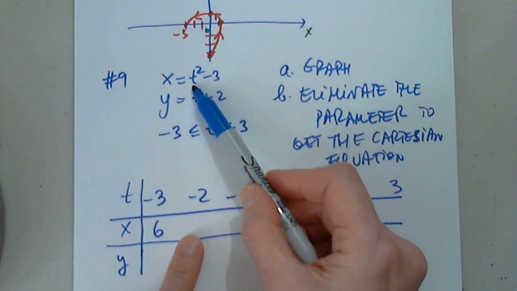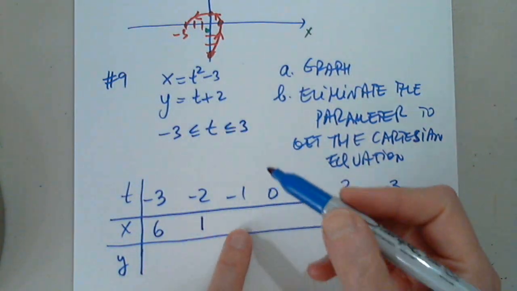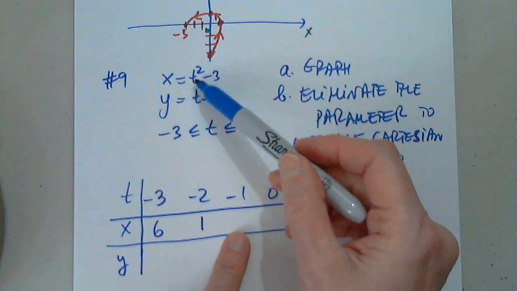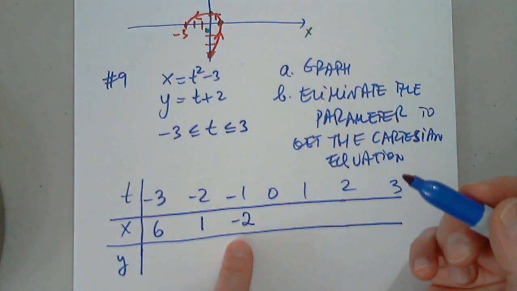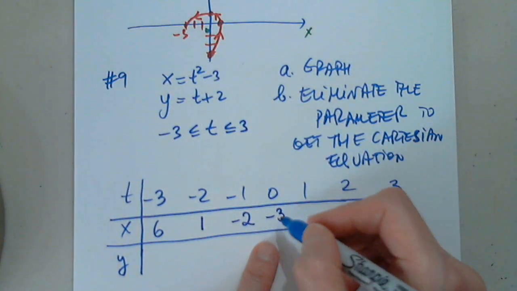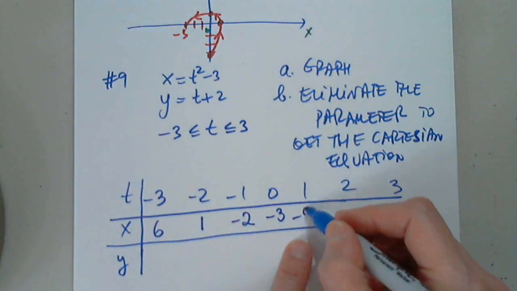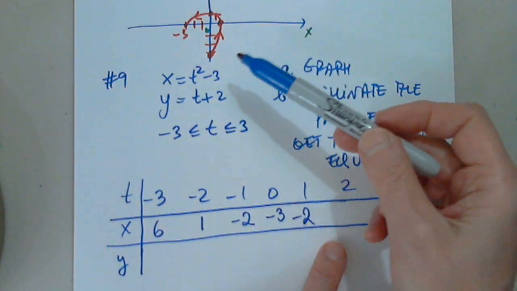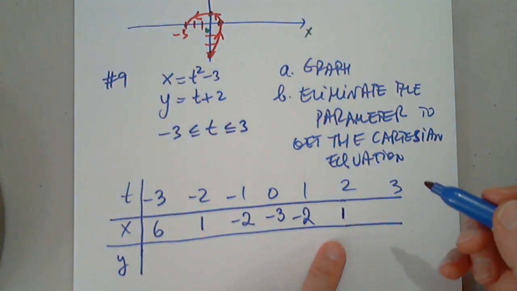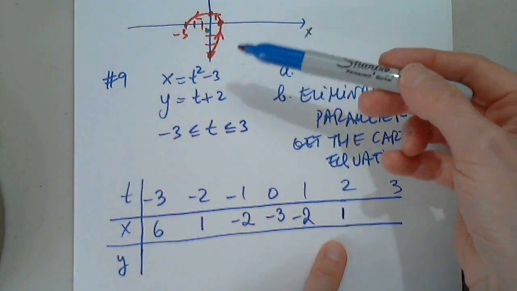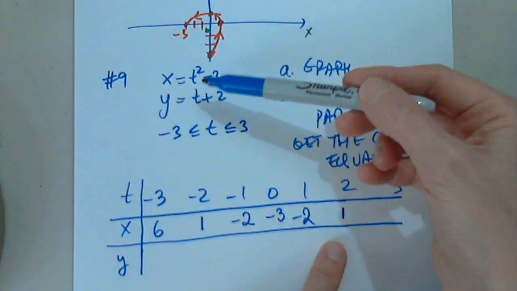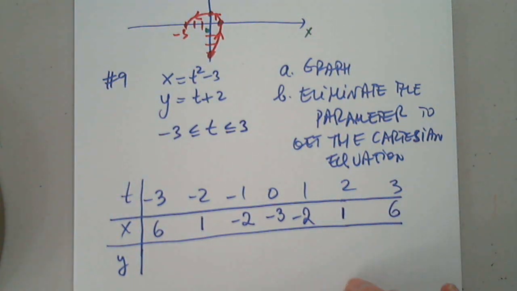When t is negative 2, 4 minus 3 is 1. Negative 1 squared is 1, minus 3, negative 2. 0, negative 3. 1, negative 2. 2, 1. And the last one, the same thing, 6. Good.